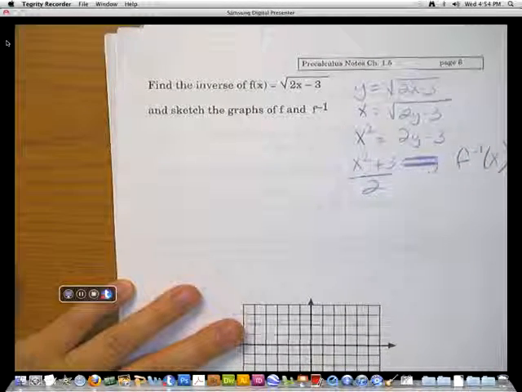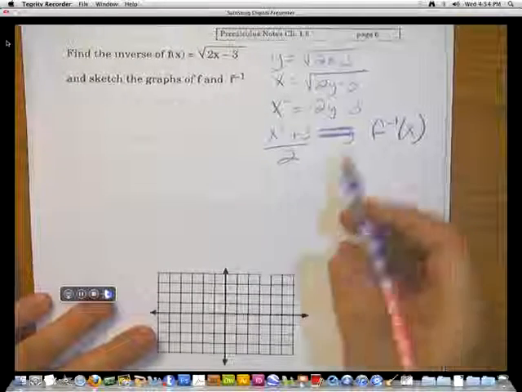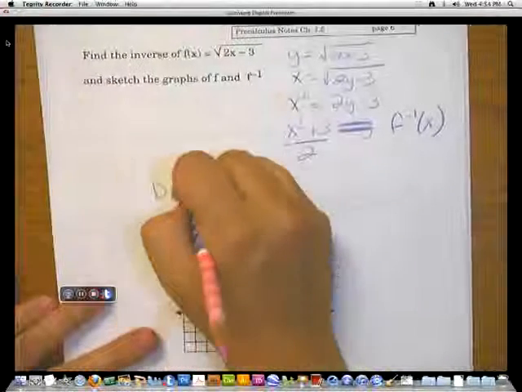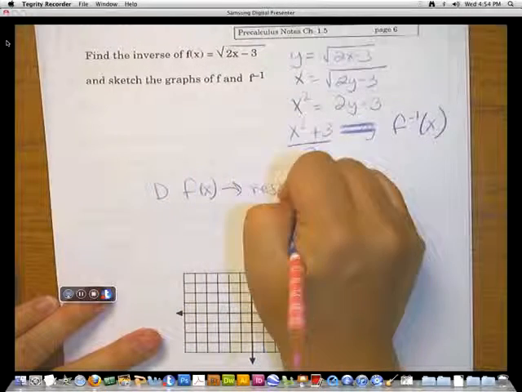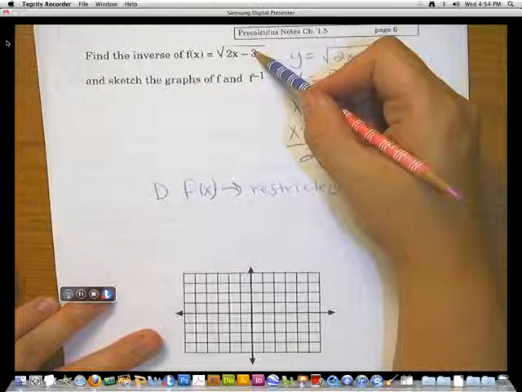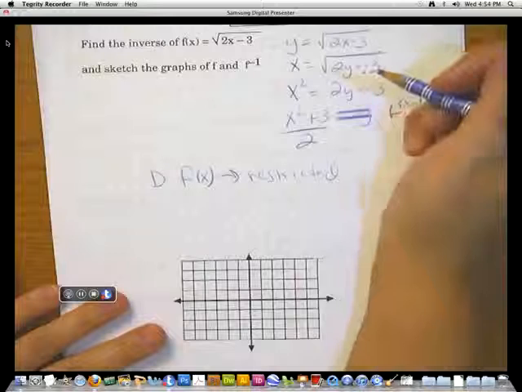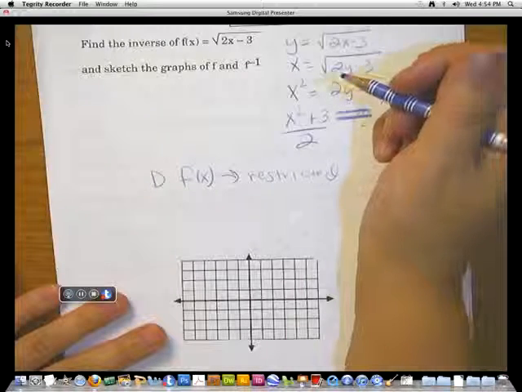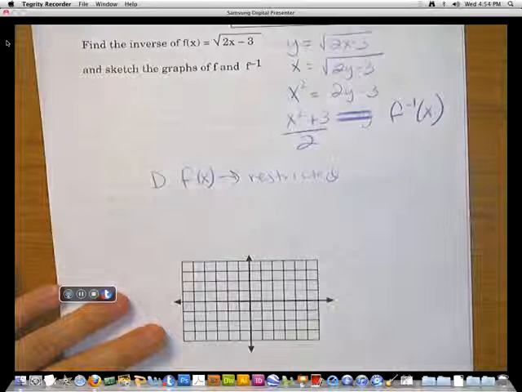Now, I do need to be very careful with this because my domain of f was restricted. Because it was a square root, its restriction had to be greater than or equal to 0.